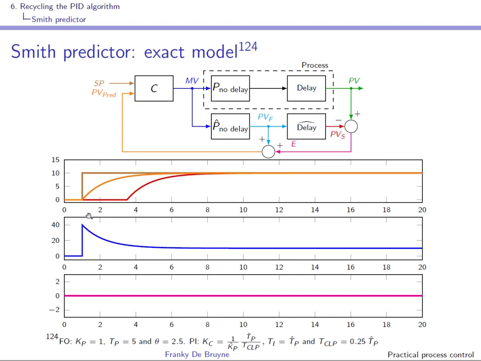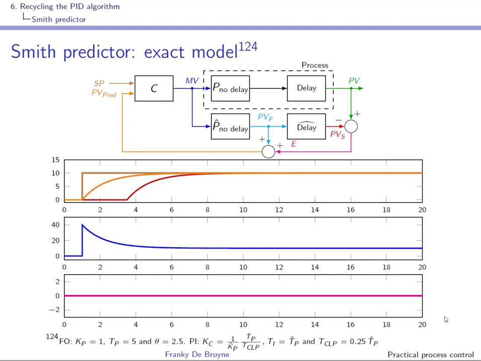And the actual PV here in green is following the predicted PV, or the fast PV, because the fast PV here in blue lies just behind or below this predicted PV, just as the actual PV in green lies below the red line here. It is following this predicted PV with a delay of 2.5 seconds.